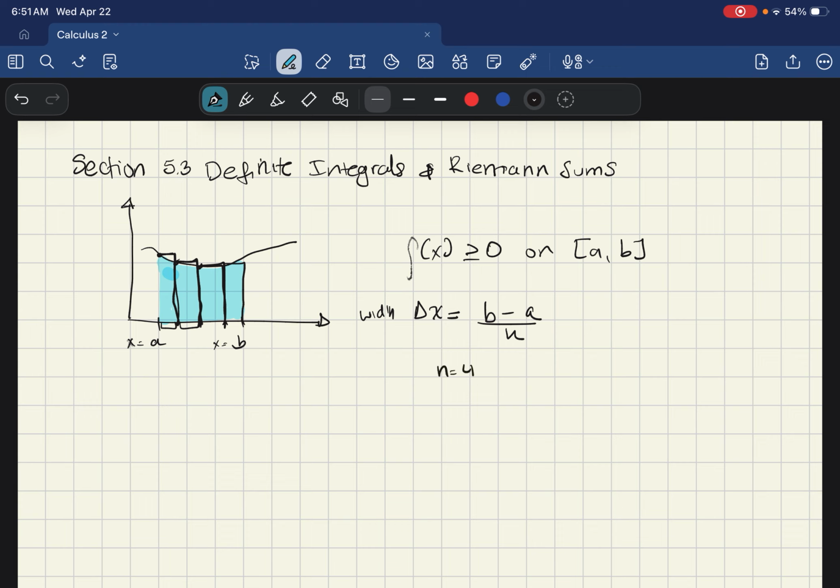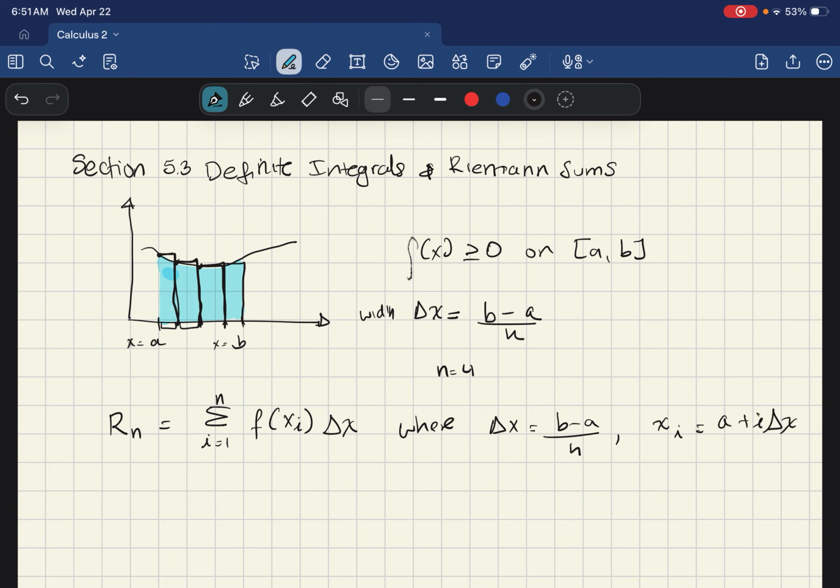The actual formula for Riemann sums says that R sub n is equal to the sum from i equals 1 all the way to n of f of x sub i delta x, where delta x is equal to b minus a over n, and x sub i is equal to a plus i times delta x.